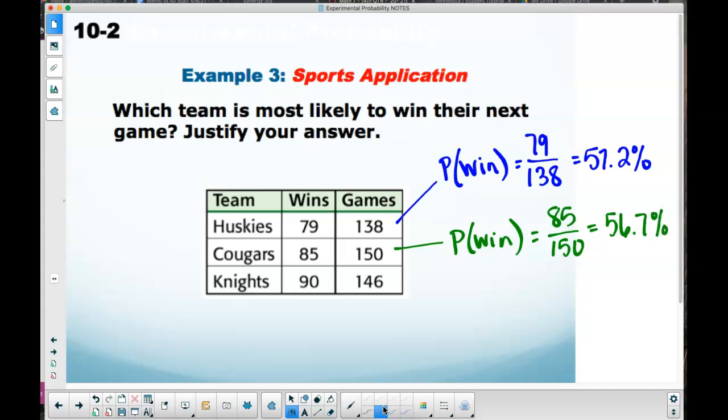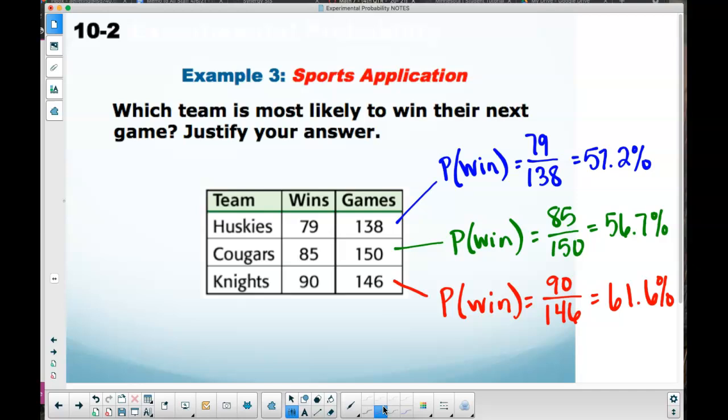And then finally, the Knights, the probability they will win is 90 games out of 146. So they have 61.6%. So which team is most likely to win their next game?